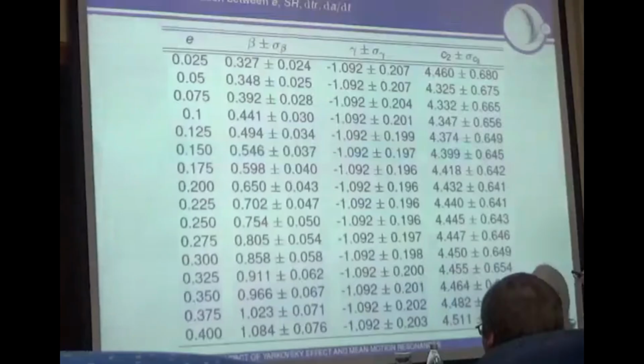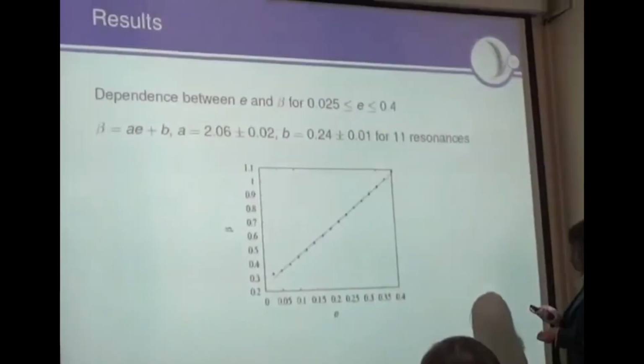We got very interesting results about all three unknown exponents and coefficients. The first dependency is between eccentricity and beta for this range of eccentricity from the table, and we can see in this plane that this dependency is exactly linear, and we got this unknown coefficient for all resonances.